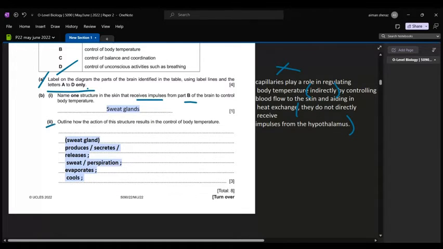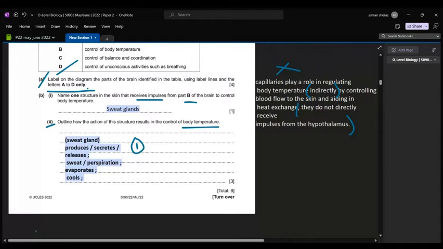In part 2, you had to outline how the action of the structure results in the control of body temperature. So, what happens is that sweat glands, as known by the name, they release sweat, right? So, you could get one mark here. Then you had to explain that when the sweat glands release sweat, it comes on the surface of the skin.